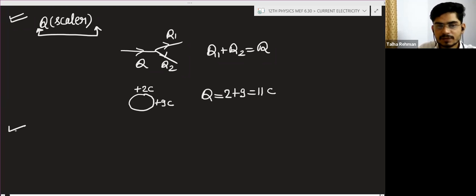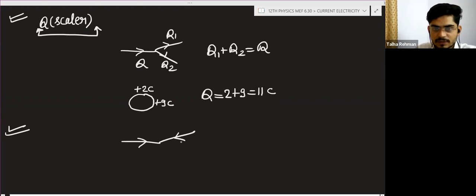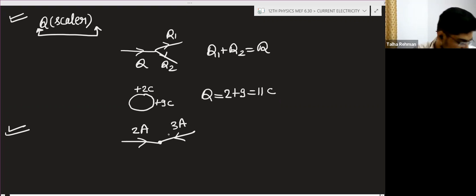And the same thing you will do for the current. Suppose here, like this, 2 ampere current is flowing from here and 3 ampere current is flowing here.